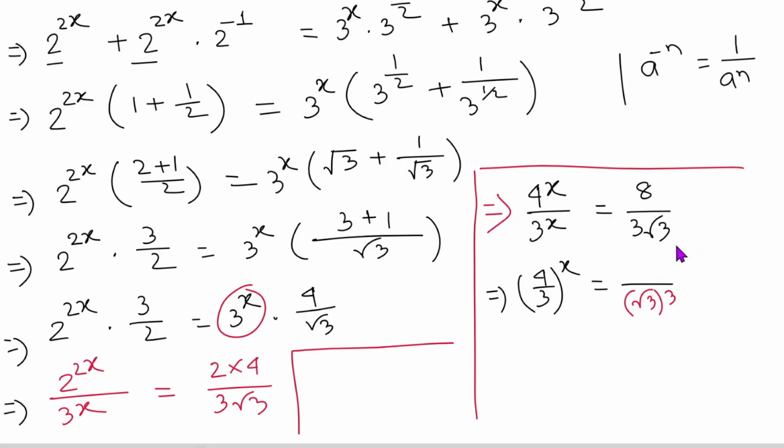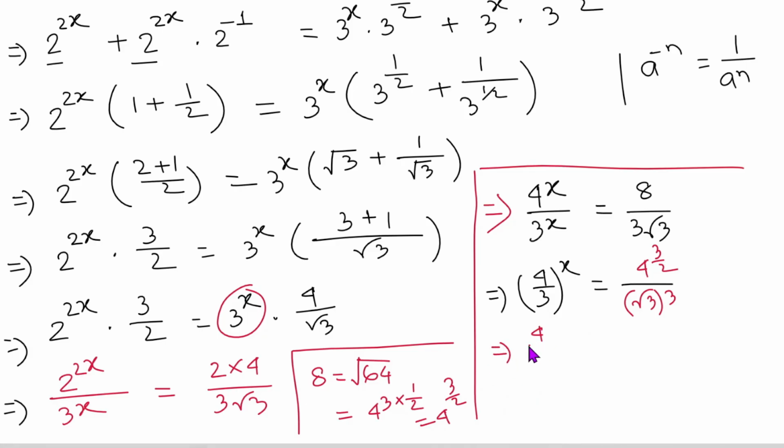But how? 8 means root 64, right? Similarly, this 64 means 4 cube. Against this root we can write 1 by 2. So here is 4 to the power 3 by 2. So here against this 8 we can write 4 to the power 3 by 2.